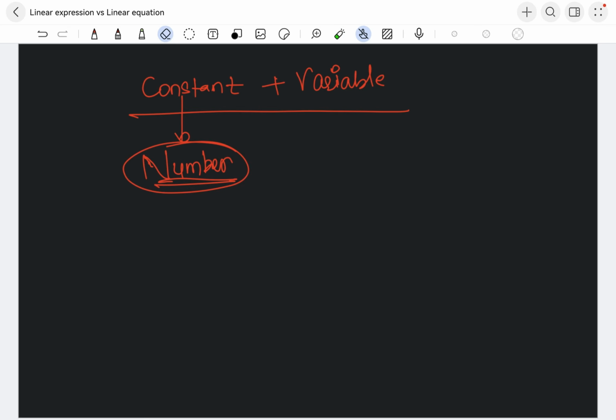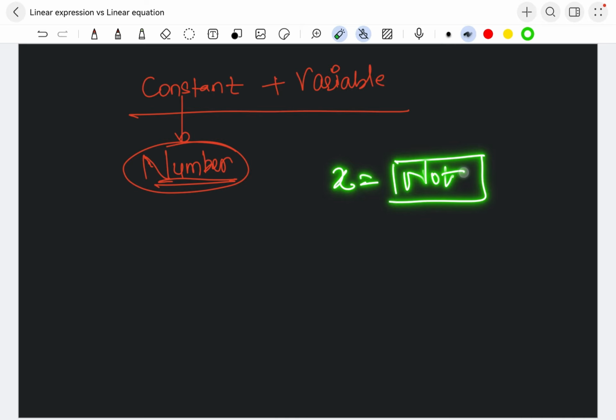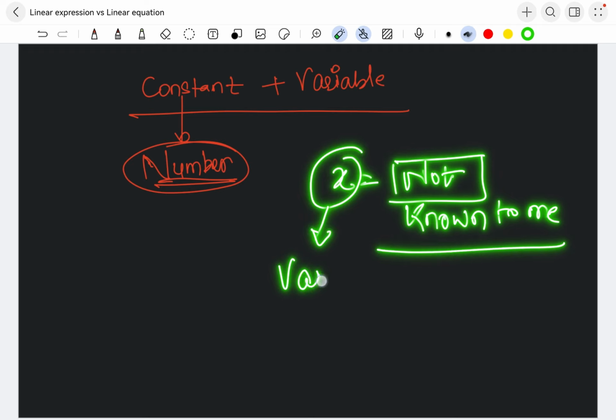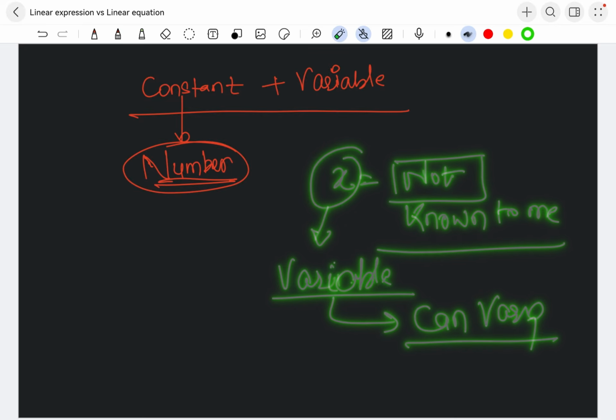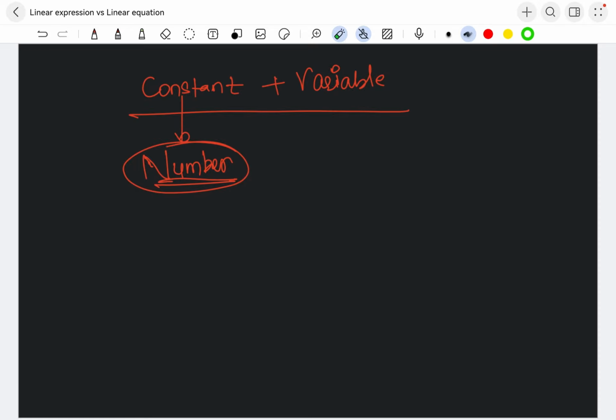Now why variable? Since the x value is not known to me, that's why it's a variable. Variable means which can vary. So depending upon the expression, the value of x can vary.